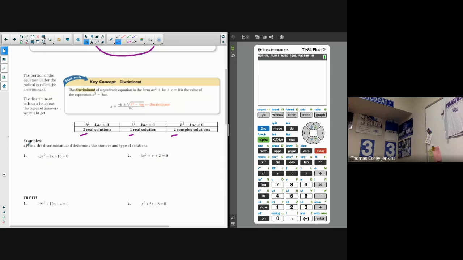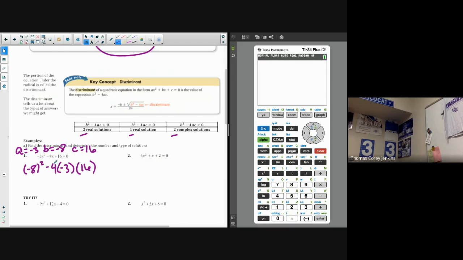For example 1, we want to see how many and what type of solutions we have. First things first, let's identify a, b, and c. a is equal to -3, b is -8, and c is 16. Then we sub into b squared minus 4ac: -8 squared minus 4 times -3 times 16.